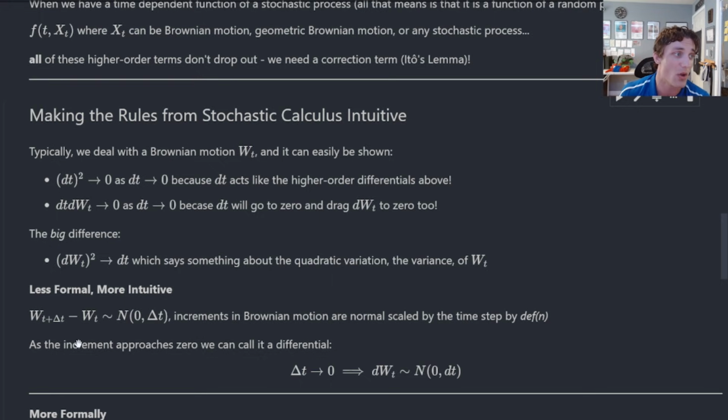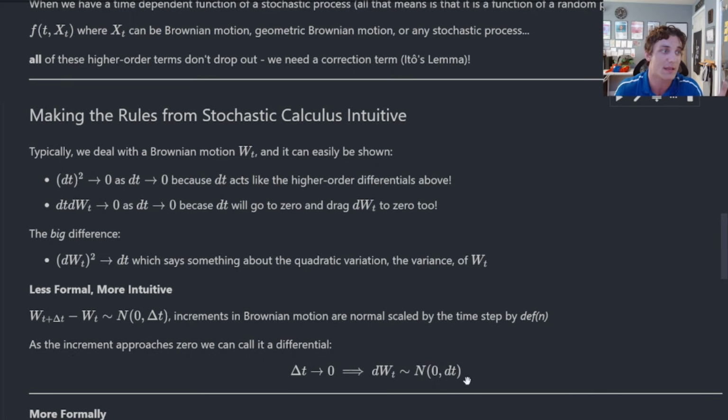And essentially all dW_t is when that increment becomes arbitrarily small. So as that delta t approaches 0, this differential is going to be distributed normally with a mean 0 and a variance of dt, that infinitesimally small change in time.